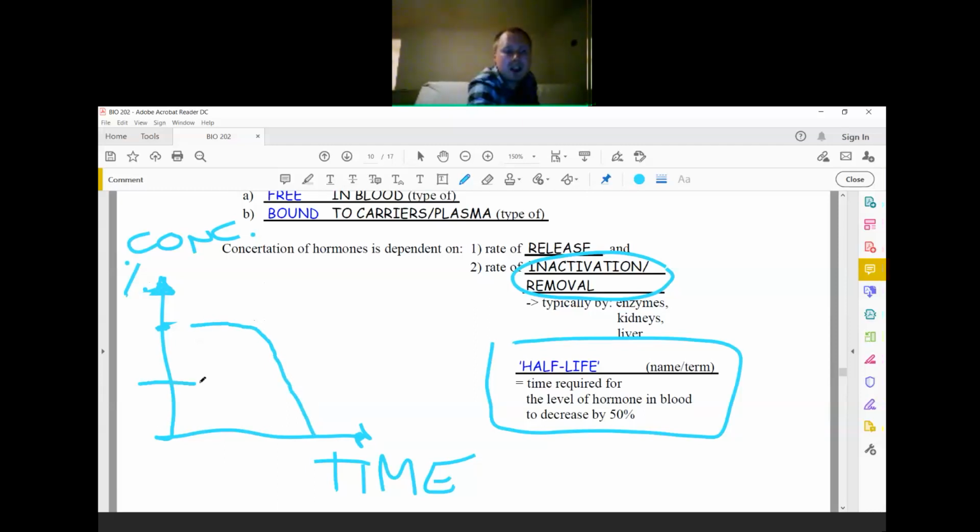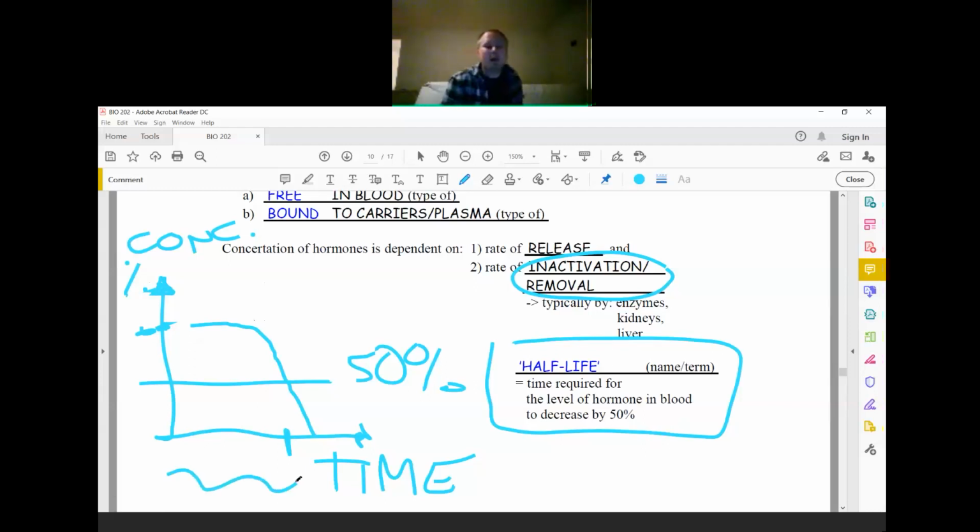Well, this point where only half of its initial amount is present is going to be our half-life. So we can say that the half-life of this hormone happens within this amount of time. So that's simply what that term refers to. But that's an important term to be aware of.